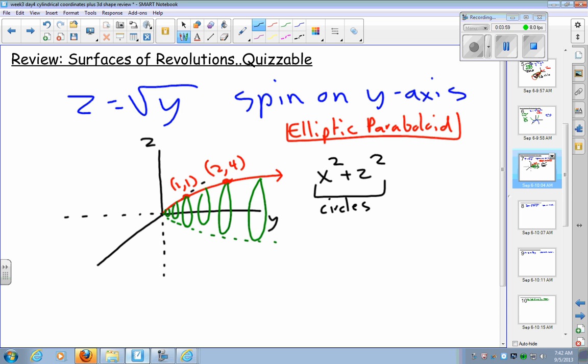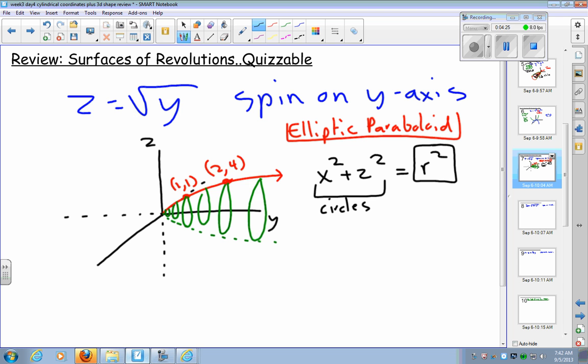Because stare at it from the right side of the board here where you're just looking at the x and z plane. Don't worry about the y's. Smash all of those rings down onto the xz, and they are circles. And those circles are completely dependent on the radius. And that radius I want in terms of an r squared.